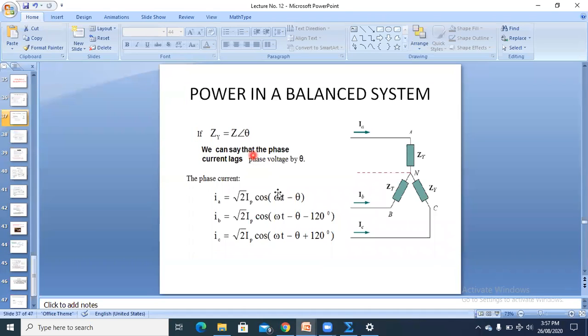The value of this theta is here because of the value of the impedance, right? So you have the included value of theta because of the value of the impedance, right?